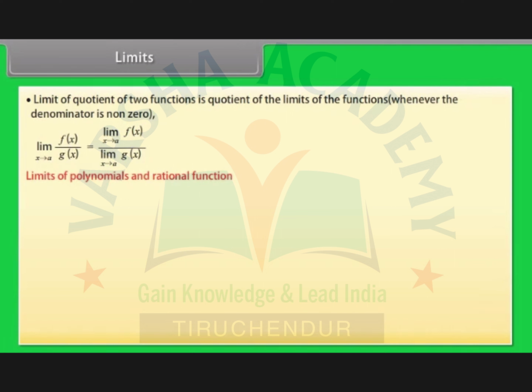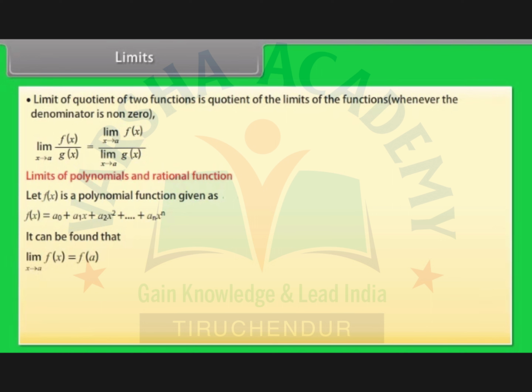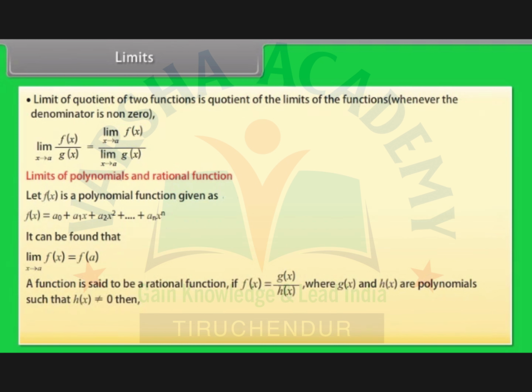Limits of polynomials and rational function. Let f(x) be a polynomial function given as shown. It can be found that limit x tends to a of f(x) is equal to f(a). The function is said to be a rational function if f(x) is equal to g(x) upon h(x), where g(x) and h(x) are polynomials such that h(x) not equals to 0.